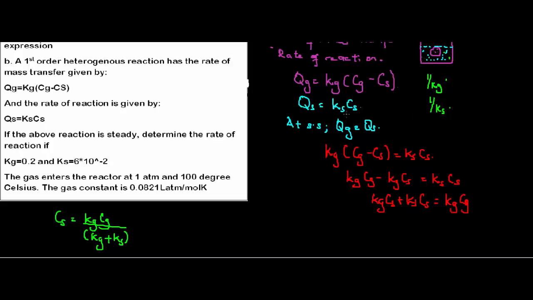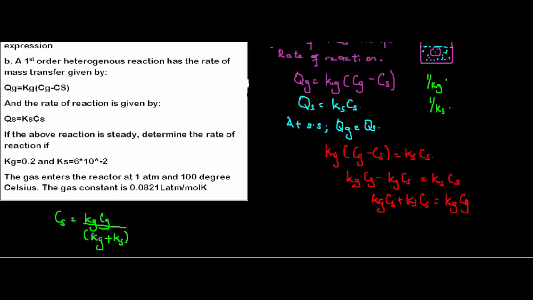If this one is the rate at which the solid particle reacts, Ks, then the resistance for the solid particle, the ability for it to prevent itself from reacting, will be 1 over Ks, while for the gaseous particle it will be 1 over Kg.